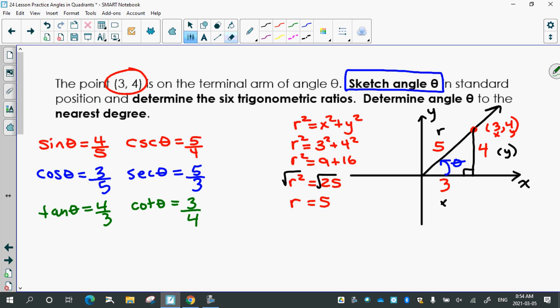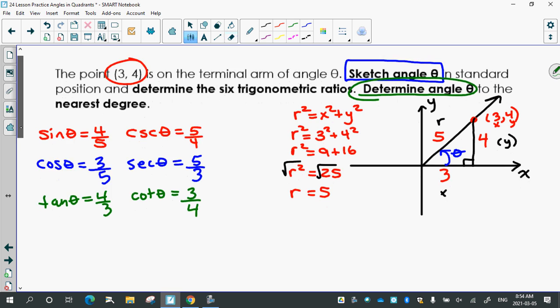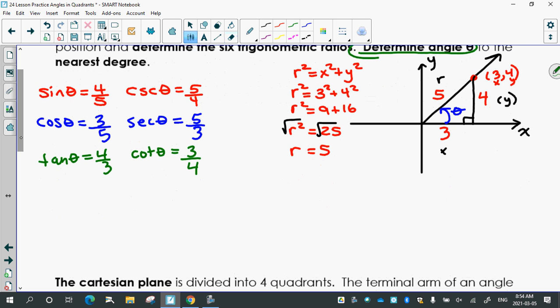And then now we have to find angle theta. Okay? So to find angle theta, I like to take it off this and just draw the right triangle. And you'll see why when negatives are involved, I really like doing this. Okay, so I just want to draw a plain old right triangle where I know the 3 sides. I call it a grade 10 triangle.